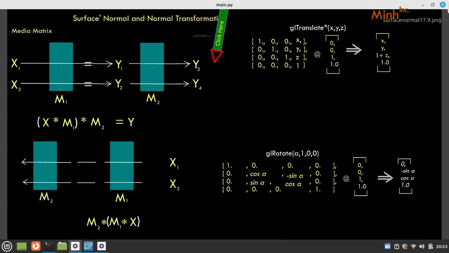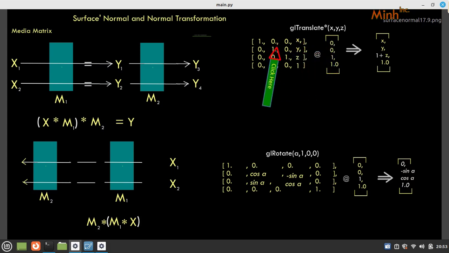Okay, so what we can see now is, if I have a coordinate 0, 0, 1 and 1 dot 0, so z is 1, x and y are 0.